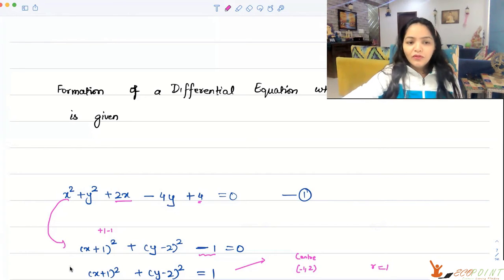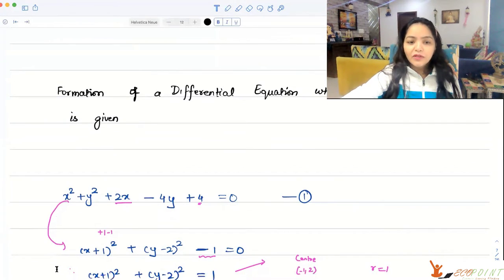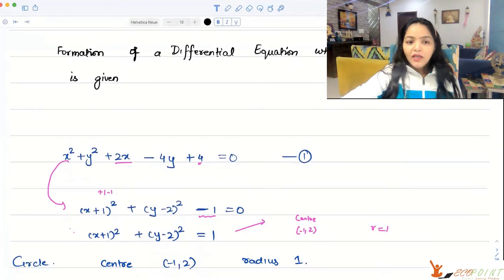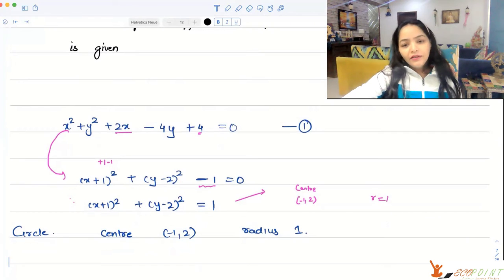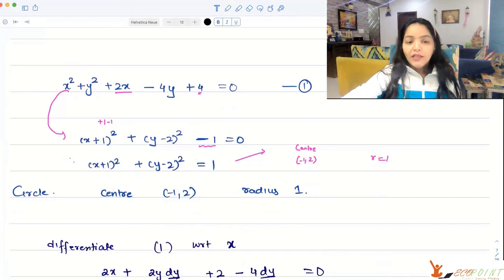So this is sort of an equation which is giving you that idea of what kind of curves we are talking about. Now, we're talking about a circle with center minus 1, 2 and radius 1. If you differentiate this once, what do you get?